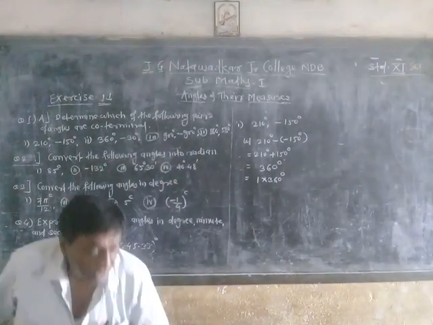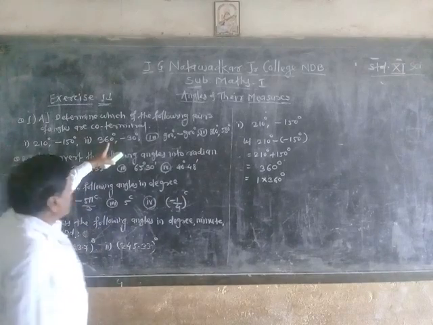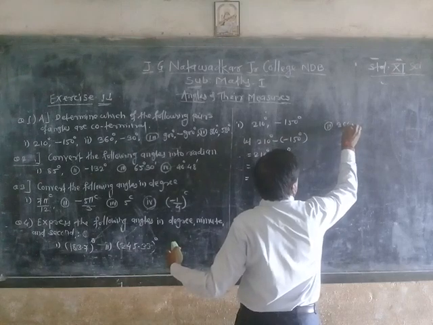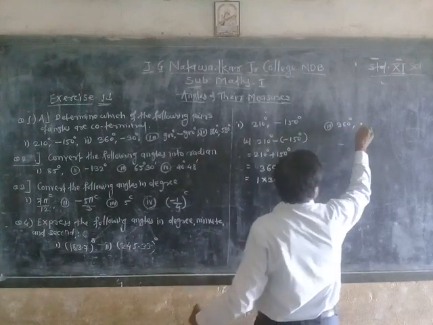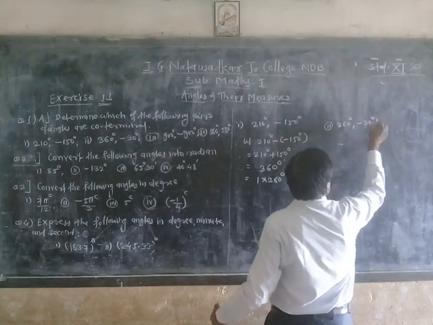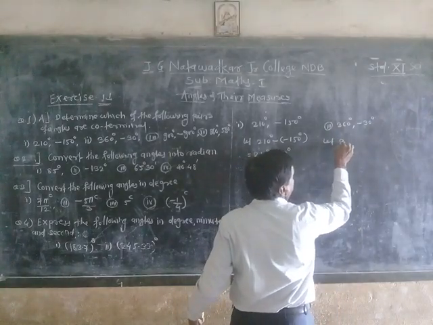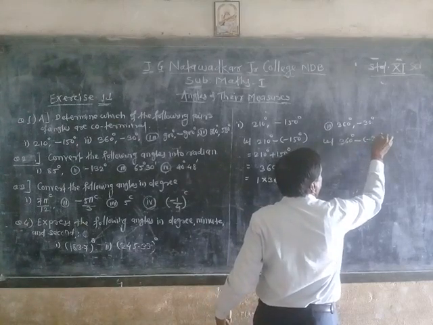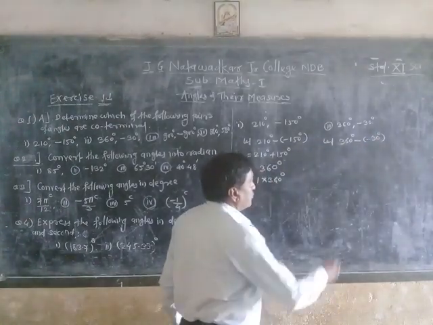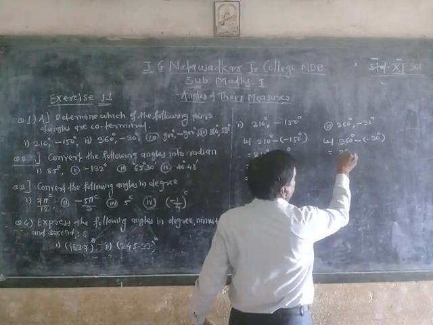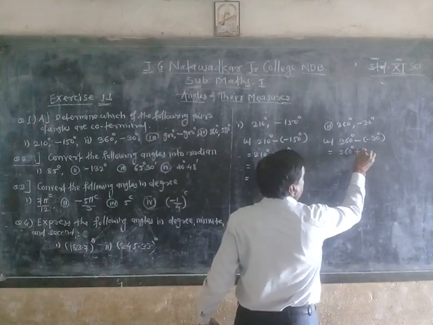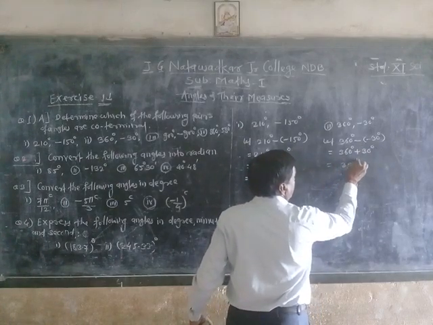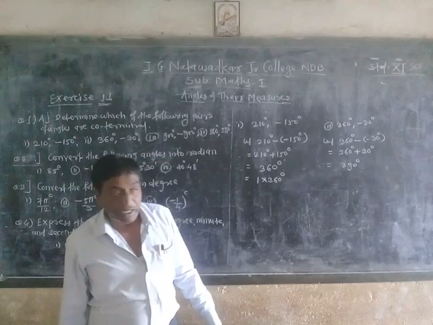Okay, understood? Similarly, we see the second example: the first measure is given as 360 degrees and another measure is minus 30 degrees. Let us find the difference. The difference will be the measure of the first angle minus the measure of the second angle. The second angle measure is negative, that is minus 30. Now simplify: 360 degrees minus minus 30 degrees is 360 degrees plus 30 degrees, and the total will be 390 degrees.